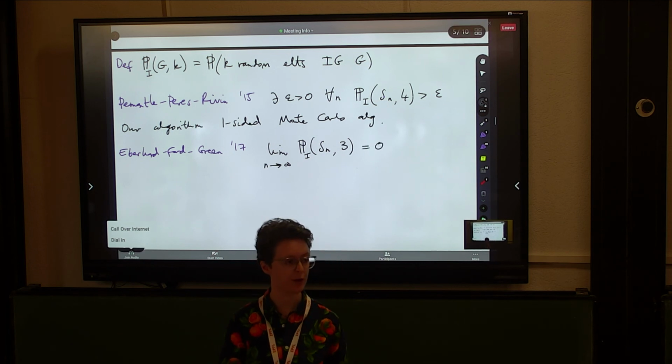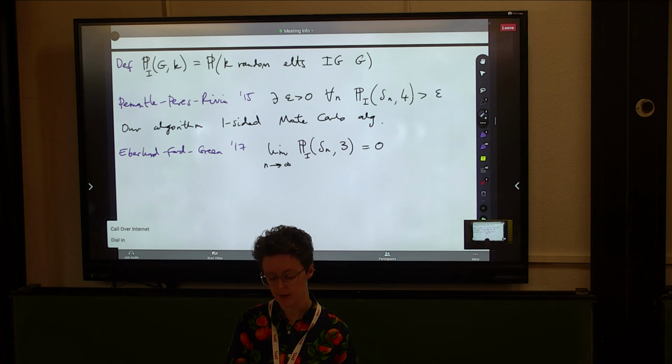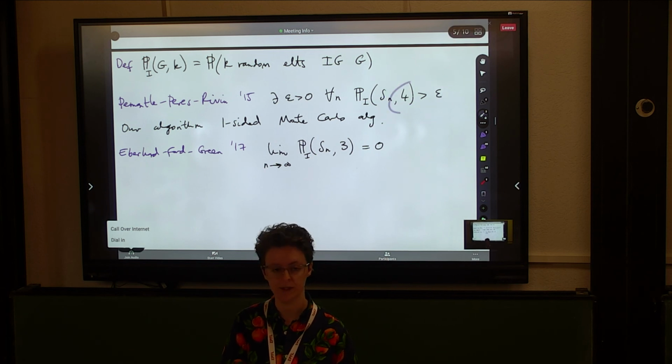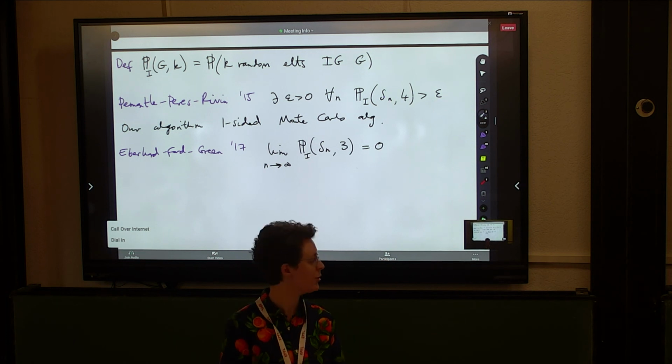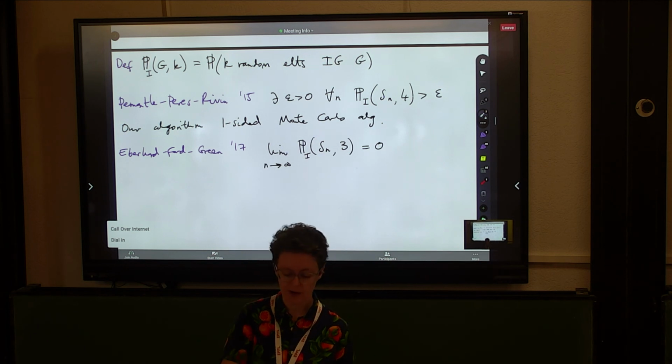So 3 elements are not good enough. In this case, things look a bit different, because if we were working with generation and we cross this part out, then we would expect to see a 2 here and have it be going to 1. However, we actually can't even get close to 1. We can just get bounded away from 0 by some absolute constant. And you can actually prove that it's bounded away from 1 as well as bounded away from 0 for any fixed k here.